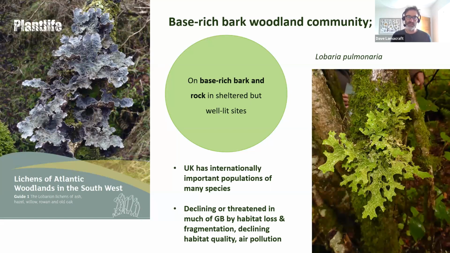This community has already been declining or is threatened in much of Great Britain by habitat loss and fragmentation, declining habitat quality, whether that's invasive species like rhododendron or changes in grazing levels, and by air pollution. So ash dieback adds another threat on top of these threats that are already there.